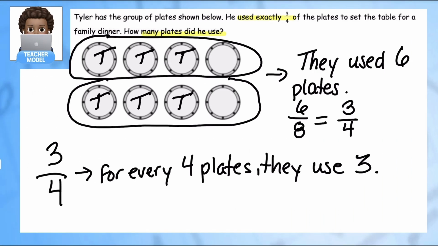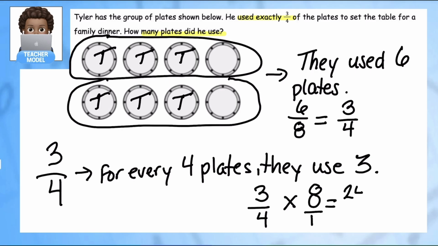There is one more really cool connection I wanted to make. If I'm looking for 3/4 of a number, so because I want to know they use 3/4 of the 8 plates, I could, again, represent this as a multiplication sentence. 3/4 times 8. And so would that give us 6? Let's just look at this. At first it doesn't seem so, but I'll show you and work it out. So to multiply these fractions, I'm going to put this over 1.